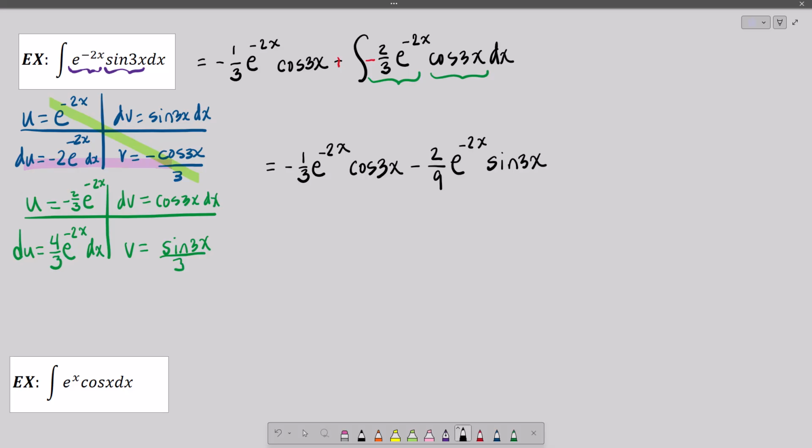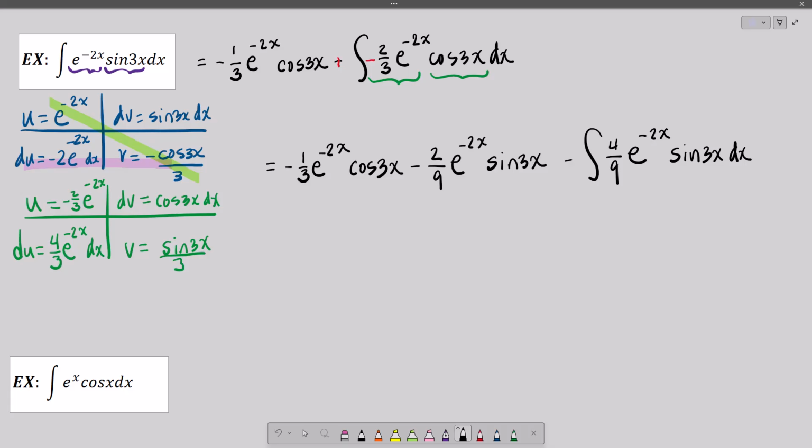So there's uv, minus the integral of v du, bottom row. It's positive, so that just stays as 4/9. Constants first, then we have our exponential function, e to the negative 2x, and then our trig function. So we've got that. Okay, everyone with me?